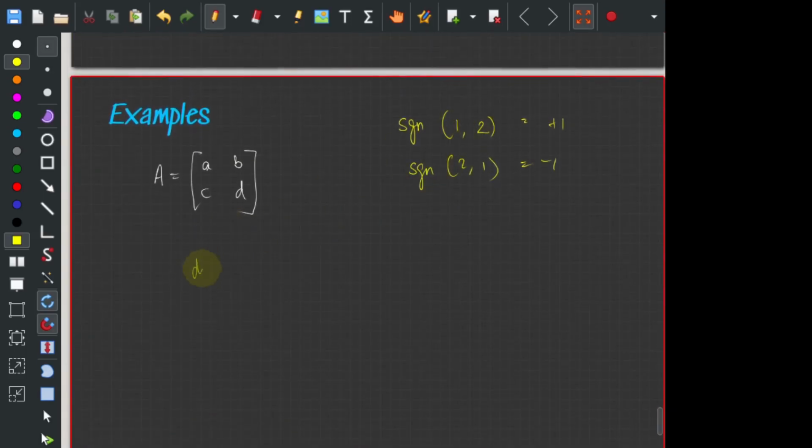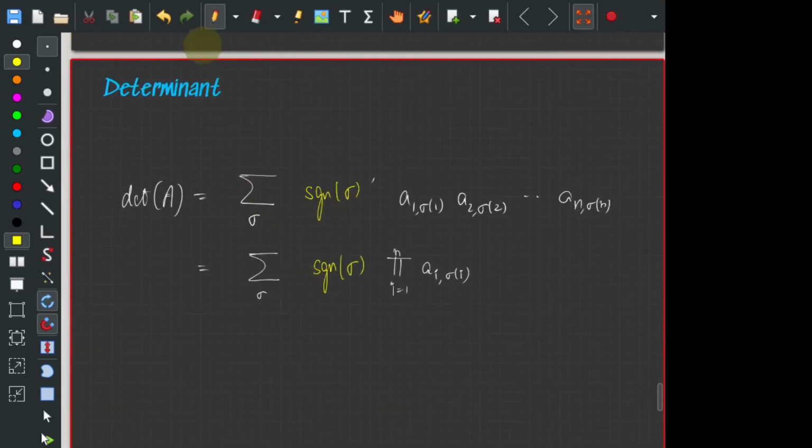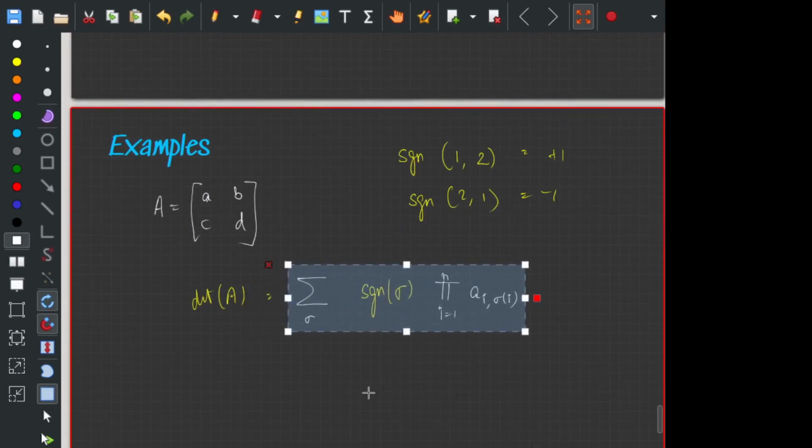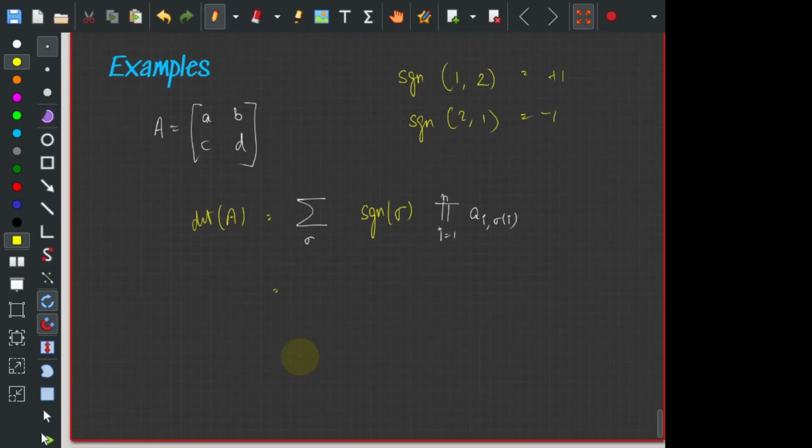So what will the determinant of A be equal to? Let's pick this definition. I have 2 terms in the determinant.